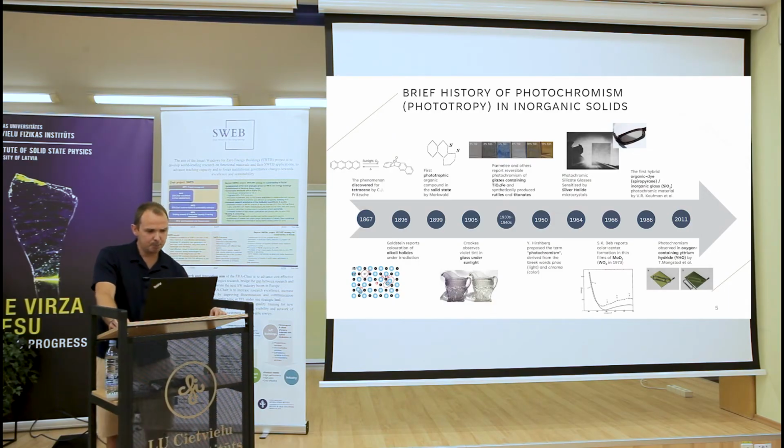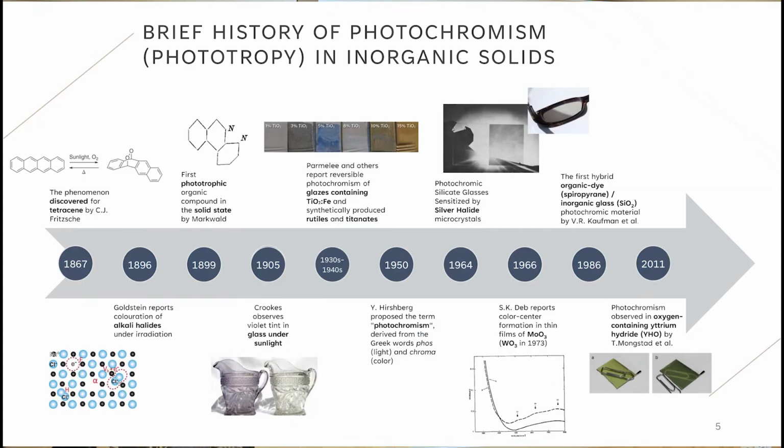I made this brief history overview of photochromism, focusing on main discoveries in inorganic materials. But I couldn't skip, of course, some organic materials, because the phenomenon itself was discovered in organic compounds, in 1867 in tetrazine.